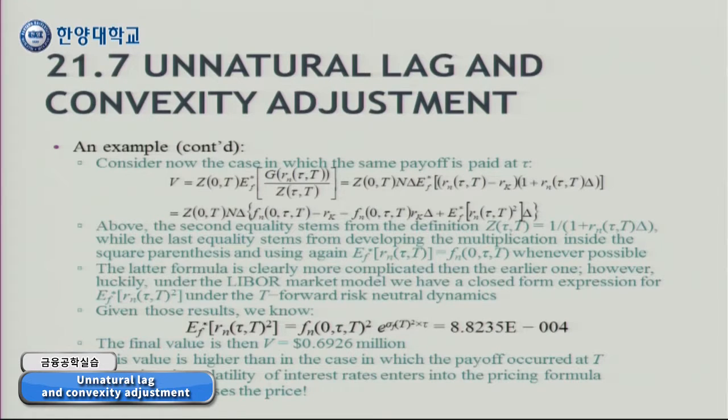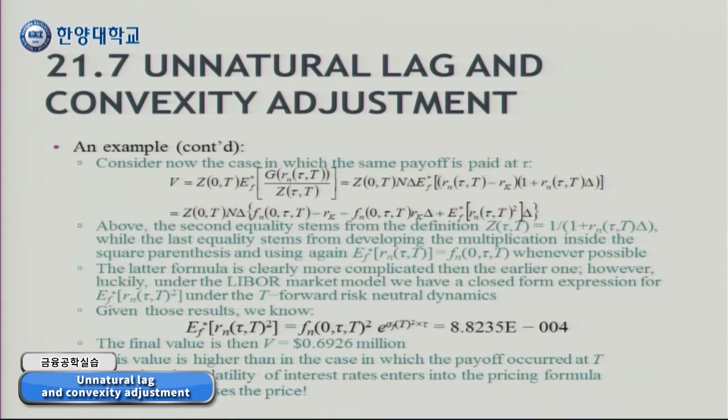So if the interest rate is high, we make money in two ways. First, we receive more money from the cash flow contract, and second, the future value is higher from the perspective of tau. So it makes more profit to receive at tau instead of T because the interest rate, or particularly the cost of capital, is higher. On the other hand, if the interest rate becomes lower, we receive less money through the contract.